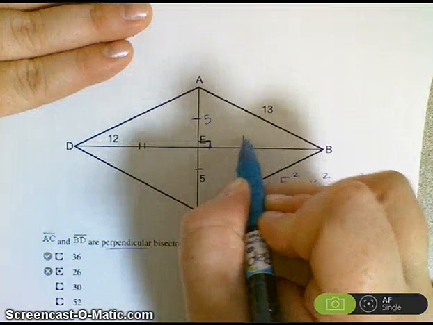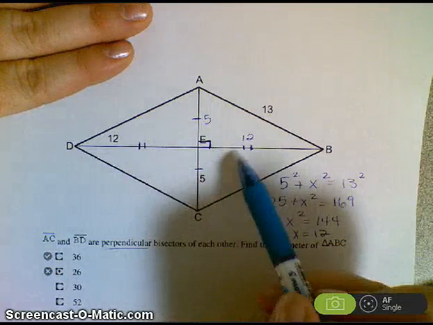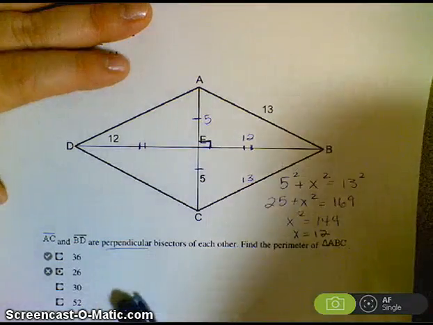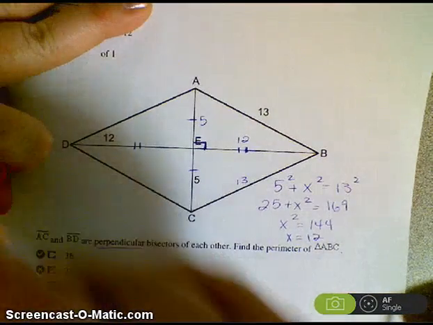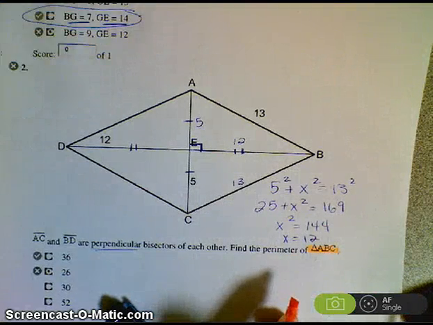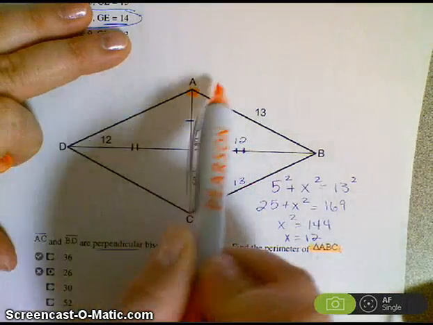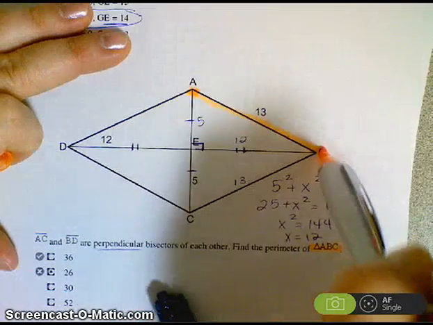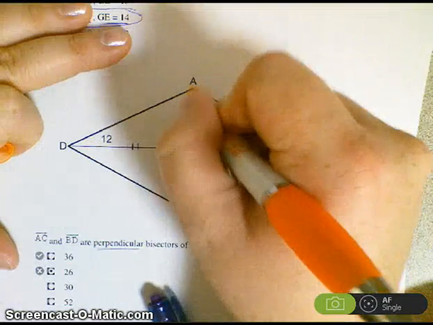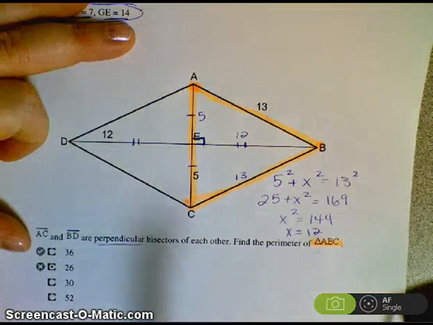Just a verification here: that would be 12, and if we complete the Pythagorean theorem again, you would see that this side would be 13. What you have to be careful about when they ask you for the perimeter of a triangle, triangle ABC, is to make sure you're highlighting what you're actually looking at. They're saying start at A, move to B, and come back to C. So to complete that triangle, we'd have to connect A to C, and you have to be extremely careful adding these up.